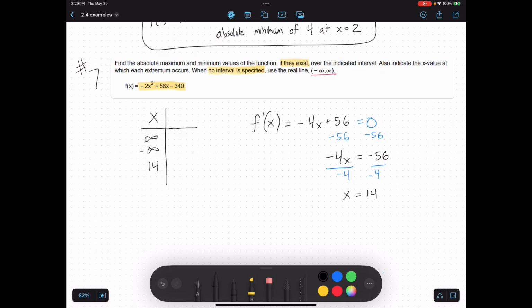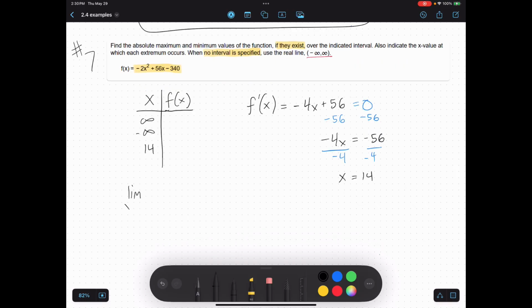So now let's see what's happening to the y value at each of these important points. What's happening as I let x get infinitely large? Well, notice I have a negative in front of my leading term, meaning which way is this parabola facing? This is a downwards facing parabola. So if I let x get infinitely large, that largest term is going to dominate, and I'm going to be left with negative infinity. So this function is approaching negative infinity as I let x get infinitely large.